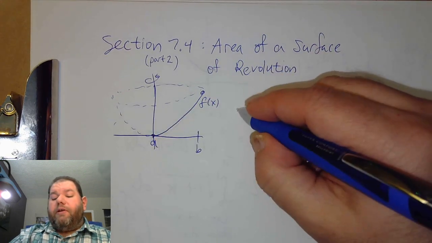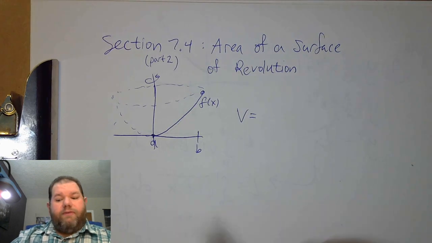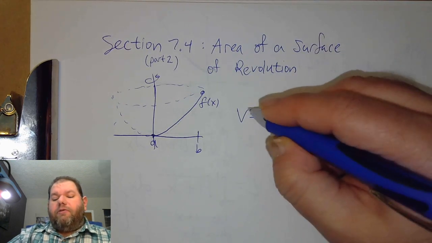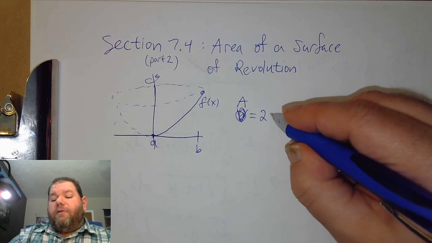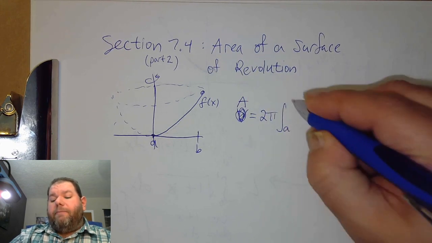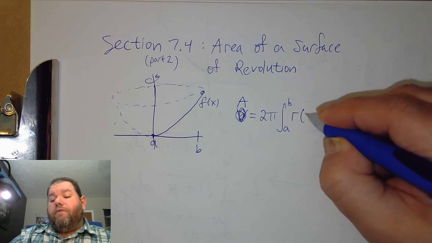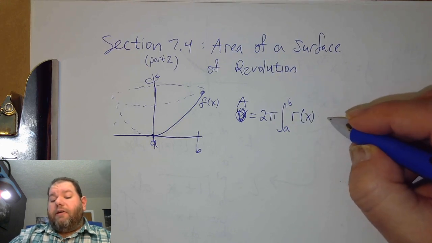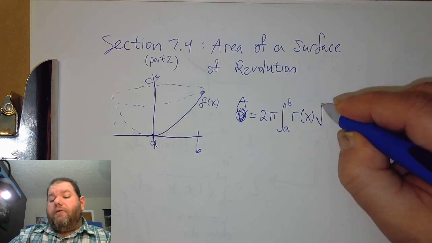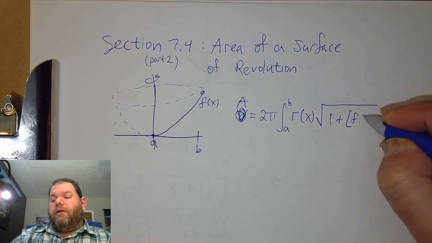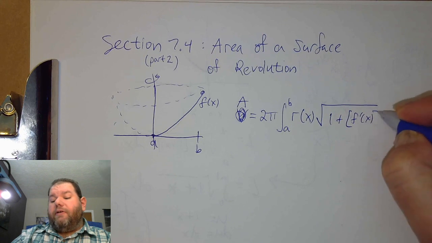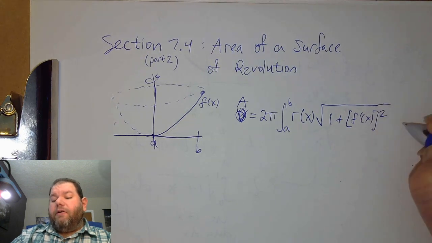When we look at the formula, it'll have shades of both of those formulas. So now this is not volume anymore, this is area. So it'll be 2 pi integral a to b of r of x times the square root of 1 plus f prime of x squared dx.